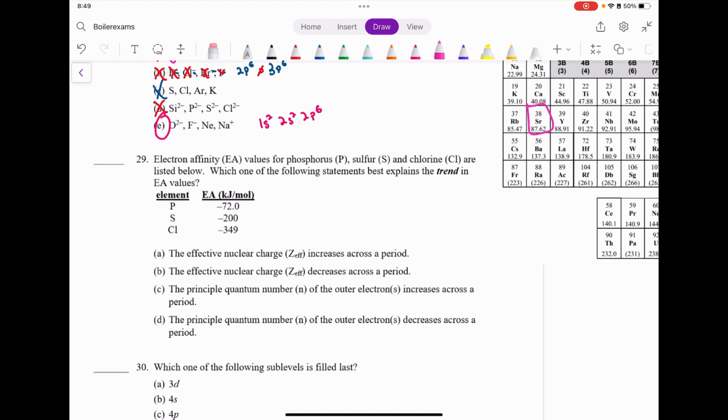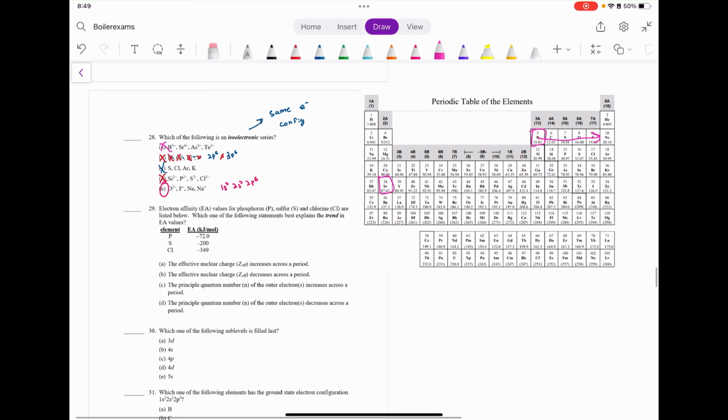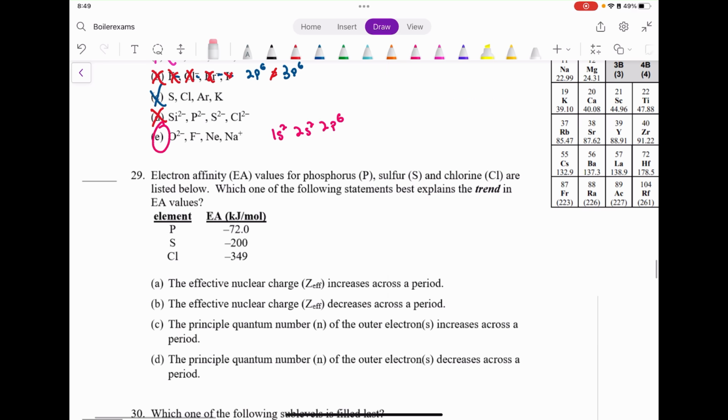29. Electron affinity values for phosphorus, sulfur, and chlorine are listed below. Which one of the following statements best explains the trend in electron affinity values? So we know that electron affinity trends in this direction, the same as electronegativity, and conceptually it's kind of similar to electronegativity, where it's the ability of an atom to pull or hold on to more electrons.